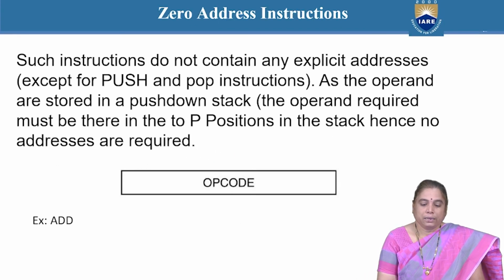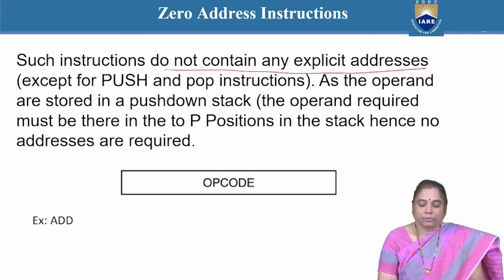The next category is zero address instructions. Such instructions do not contain any explicit addresses. In the three address instructions, the user can specify three explicit addresses. In the two address instruction format, there is a facility to specify two explicit addresses. In the one address format, there is a facility to specify one explicit address. But zero address instructions do not contain any explicit addresses.